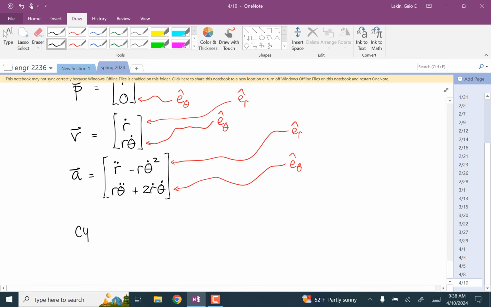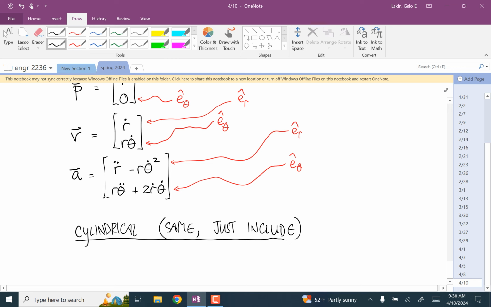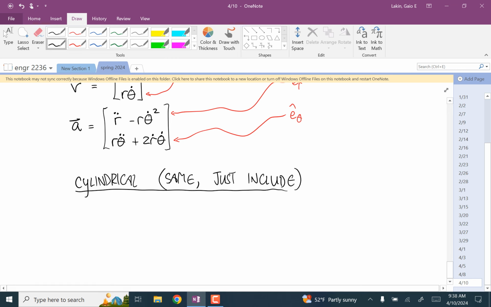So in cylindrical coordinates, it's just the same. Just include a z-axis. So you get a position vector that's equal to (r, 0, z).